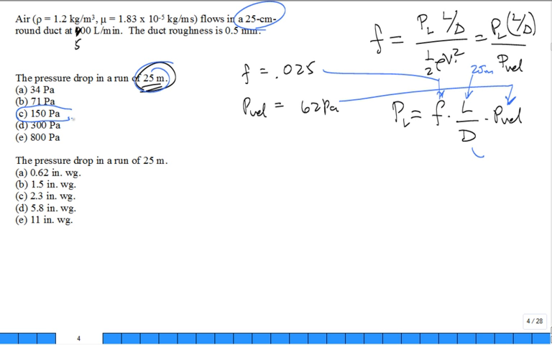And then the next question, what's the pressure drop in a run of 25? Isn't that exactly the same question? But look at the answers that they're giving you. What are they giving you? They're giving you pressure drop or pressure loss in, what are those units?